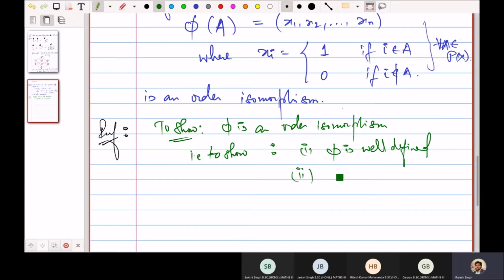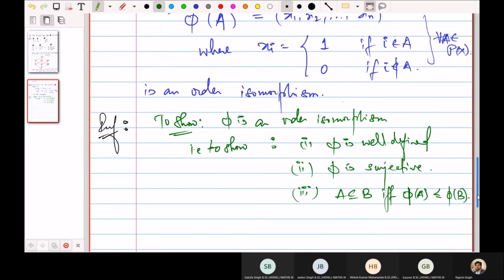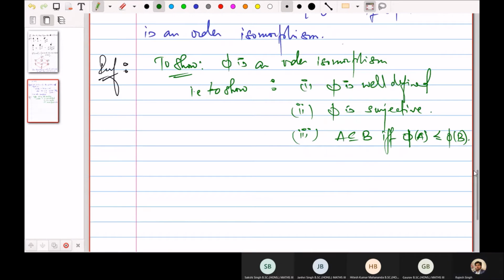Second, phi is surjective, and third, phi is order preserving, which we can write as: A is contained in B if and only if phi(A) is related to phi(B).